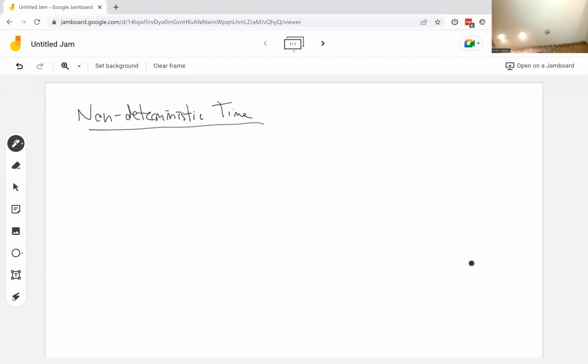All right, so recall that we determined in class, last time we met, we talked about time complexity for deterministic Turing machines, right?